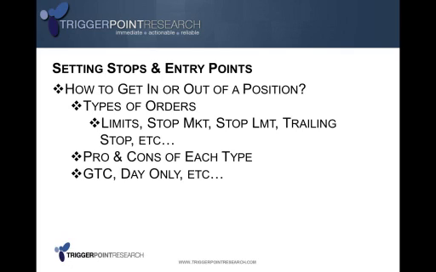So, for example, the other day we said, we want to pick up some more Facebook. Whether or not we like the stock or not, I'm just giving you an example. We want to pick up some more Facebook here. We see that the price we want to pick it up at is about $20.10, right above the $20 level. So what we did was we put in a good till cancel buy limit order at $20.10.